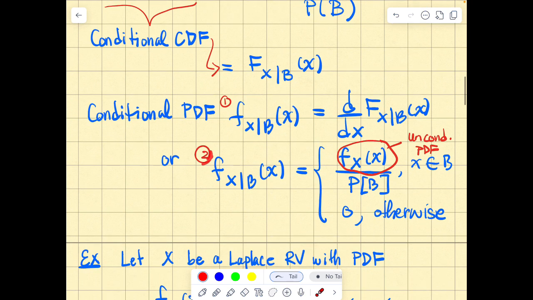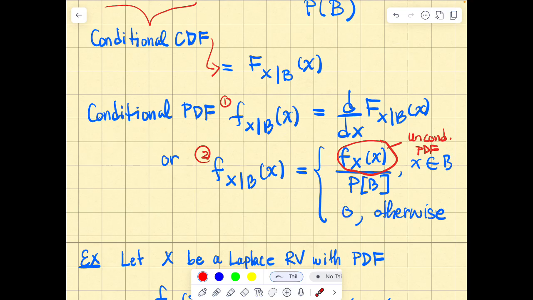The second way to find the conditional PDF is to take the regular, unconditional PDF, small case f for the random variable X, and divide it by the probability of the condition, event B. This is only valid when the outcome is within the set B. Anything outside the set B will not happen, because we know that B has to hold, or B is true.